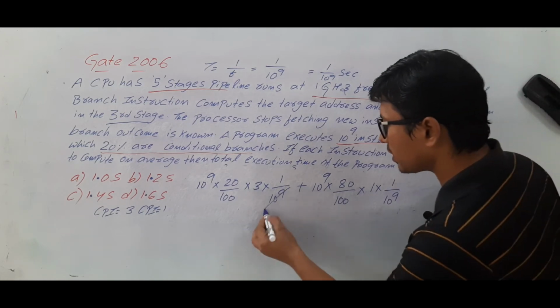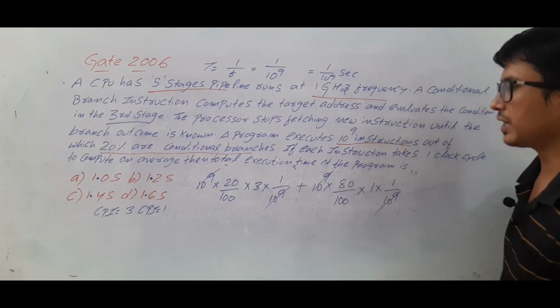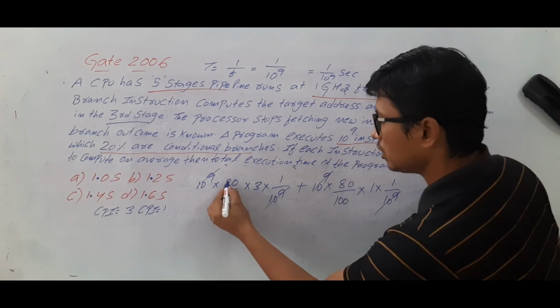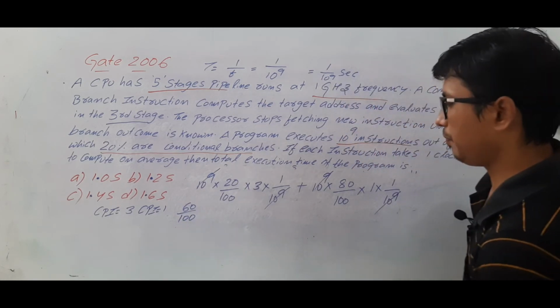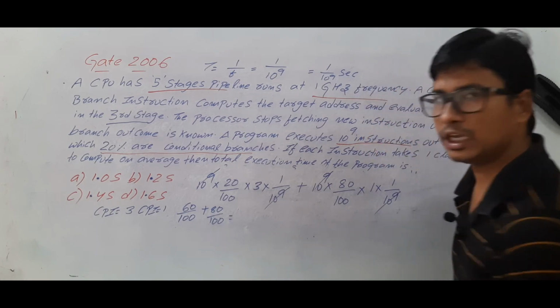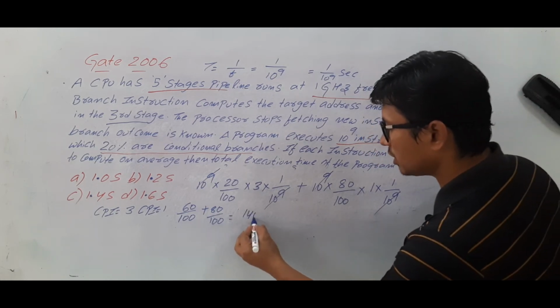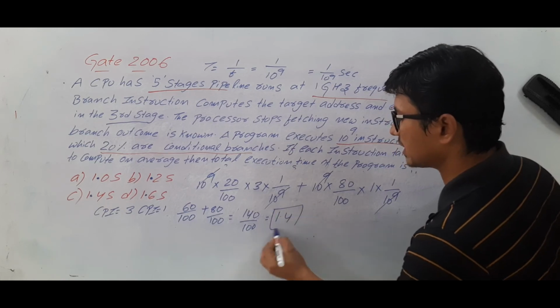You have 10 power 9 and 10 power 9, you cancel it. Then what you will get? 20 into 3 is 60 by 100 plus 80 by 100, which is equal to 140 by 100, which is equal to 1.4 seconds.